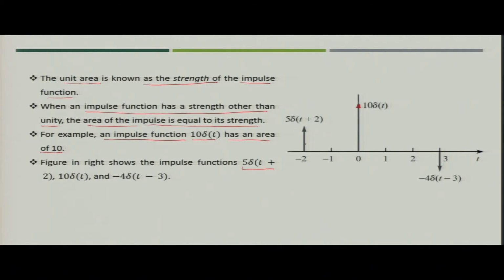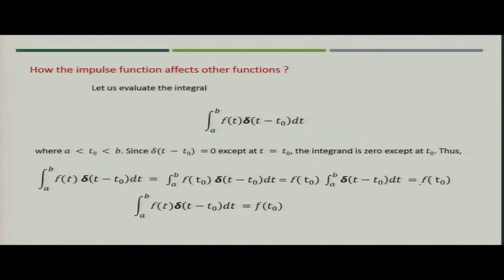Similarly here it is advanced by minus 2 seconds, that is why the impulse function is 5 delta t plus 2. And this function is delayed by 3 seconds, so it is minus, the value is also negative, and the function is minus 4 delta t minus 3.